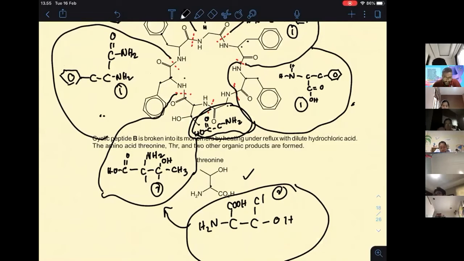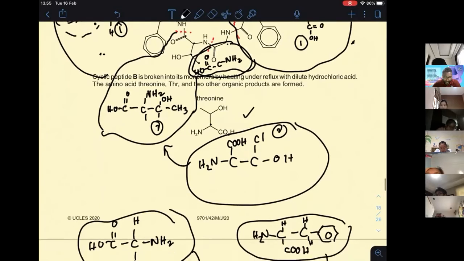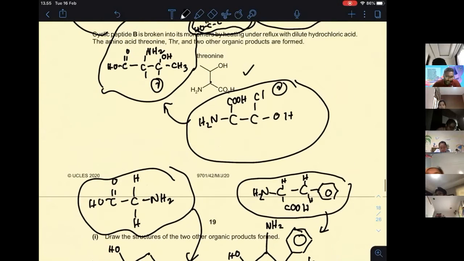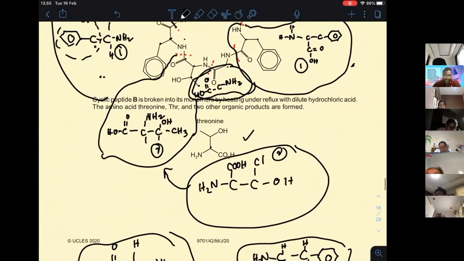How to see is just look at this R group. If the R group is like this, then the abbreviation we are supposed to use is PHE.